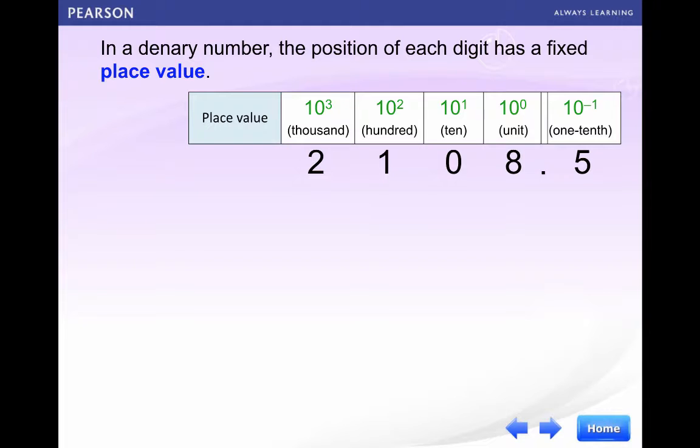And the last one, 5 times 0.1. So the place value is 0.1, and we can change it into 10 to the power negative 1. So you can see that the place value starts from 10 to the power 3, then 10 to the power 2, 10 to the power 1, 10 to the power 0, and the last one, 10 to the power negative 1 for this number.